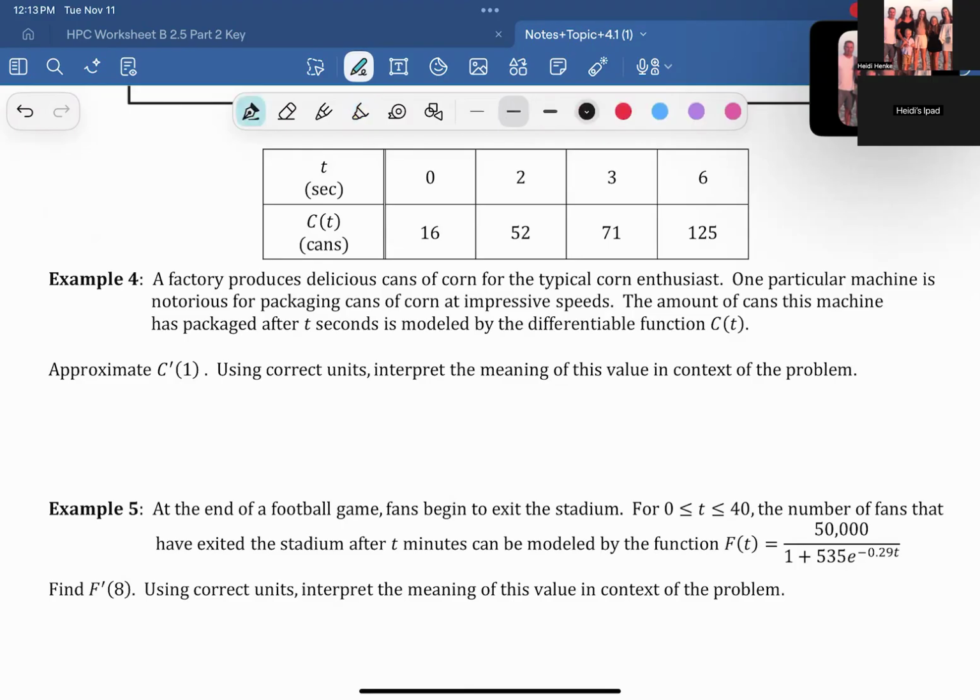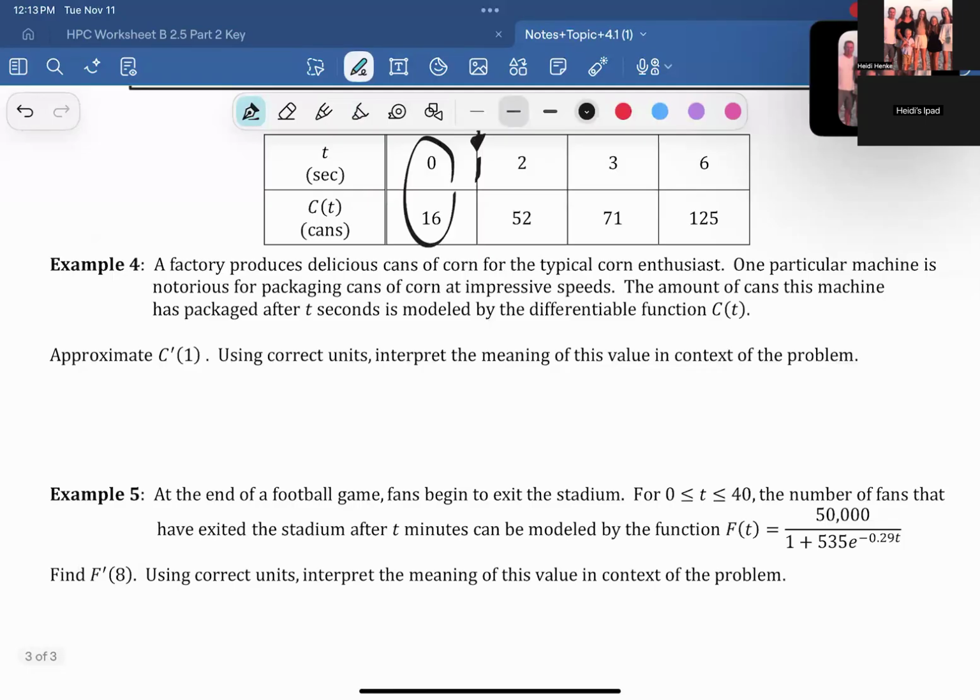So we're finding C prime of 1, and then, like the box above, we're going to write a sentence saying what it means. Okay, so C prime of 1, we don't have a 1 on this table, but it would fall right here in between 0 and 2. So we're going to use these 2 points, and we're going to do slope because that's what a derivative is, right? So 52 minus 16 over 2 minus 0.